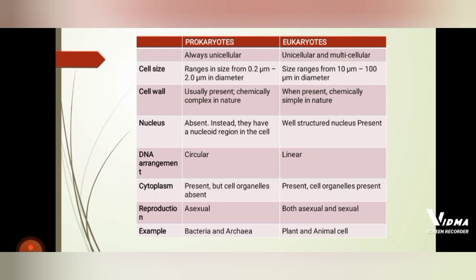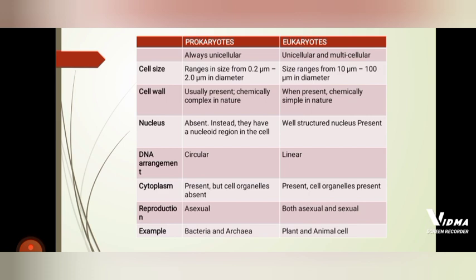DNA arrangement. In prokaryotes, you can see circular DNA or a loop-like structure, strands or threads. But in eukaryotes, you can see a linear arrangement of the DNA. In prokaryotes, cytoplasm is present but cell organelles are absent. In eukaryotes, cytoplasm is present as well as all the cell organelles.